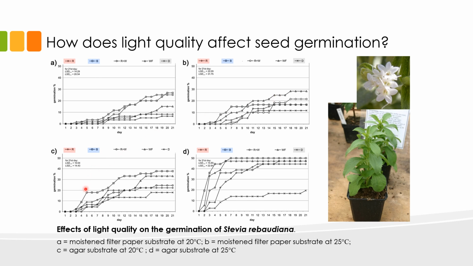When grown in agar at 20 or 25 degrees Celsius, germination was best when seeds were exposed to blue light, as illustrated by the line here with the boxes, and also here, again with the boxes. From this slide, we can see how the combination of light quality, temperature, and even substrate induce variable germination responses from Stevia.